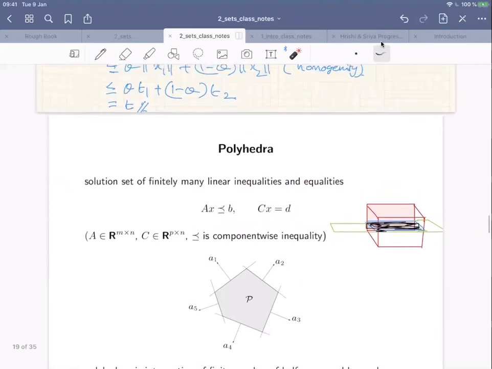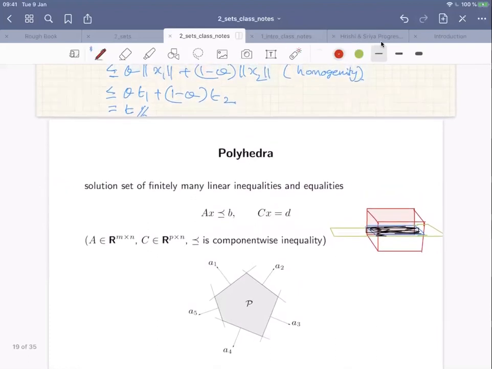So we can write a polyhedron as the set of x such that Ax is less than or equal to b, and Cx is equal to d.